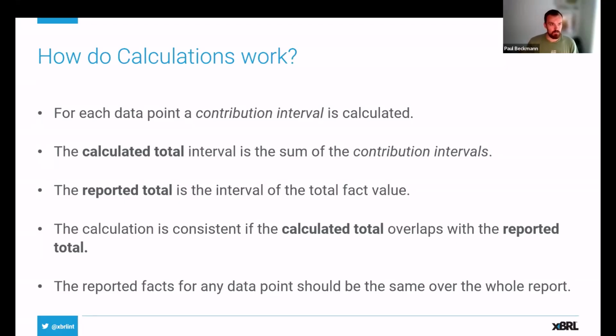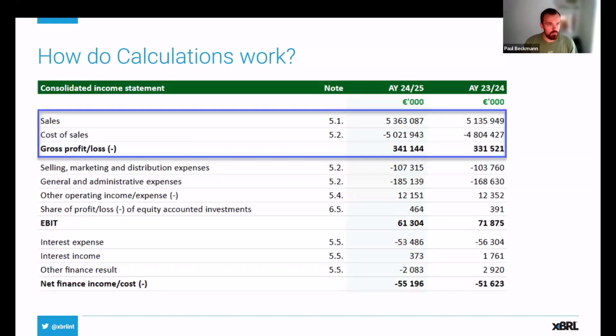Another thing calculations do is they check for the consistency of reported facts over the whole report. To get into an example, we can look at this consolidated income statement, where we have our gross profit loss calculation, which is the sum of the sales and the cost of sales.